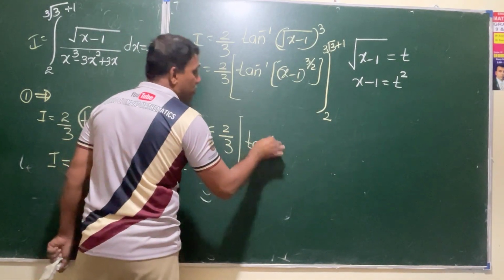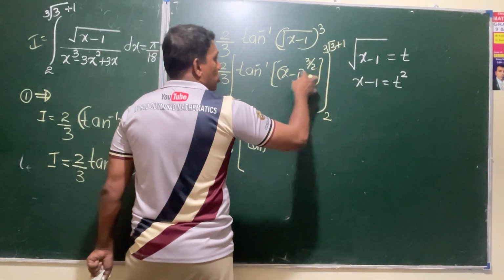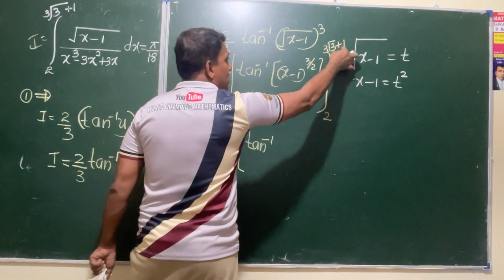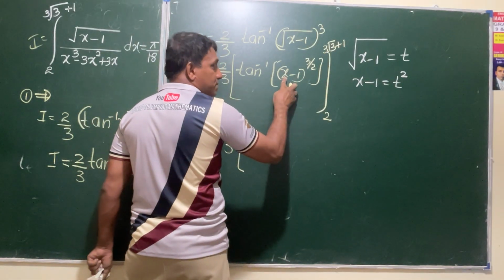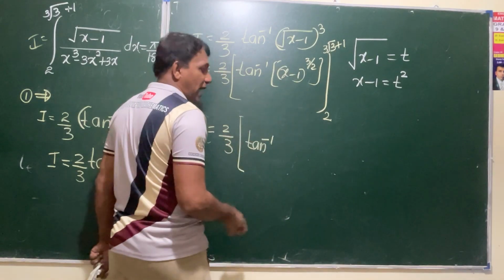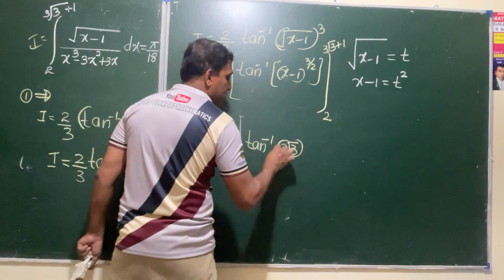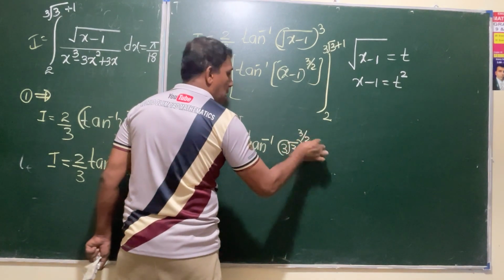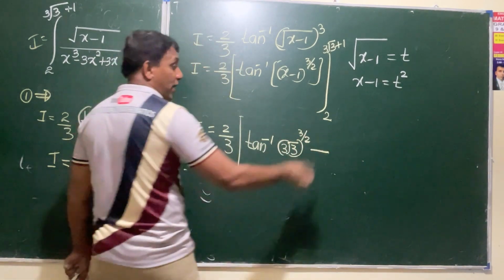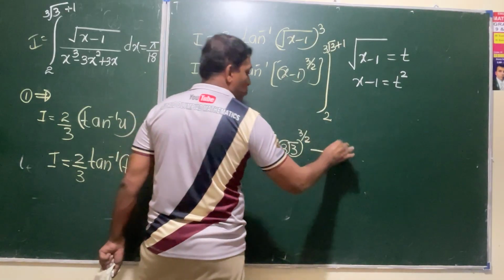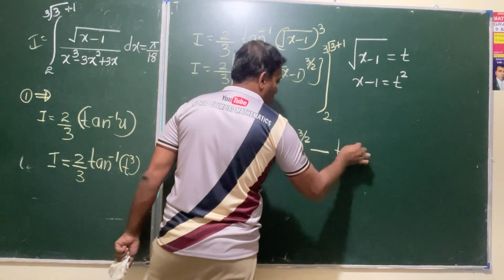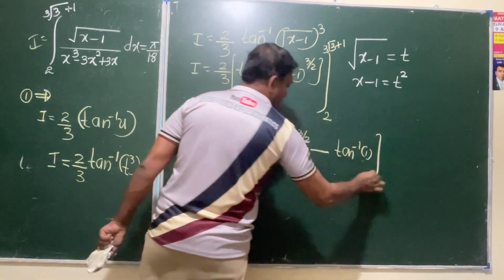So x for 3 root 3 plus 1 minus 1, the 1s cancel, leaving 3 root 3 power 3 over 2, right? Minus lower boundary, put x for 2 here, 2 minus 1 is 1. Wow, tan inverse 1, right?